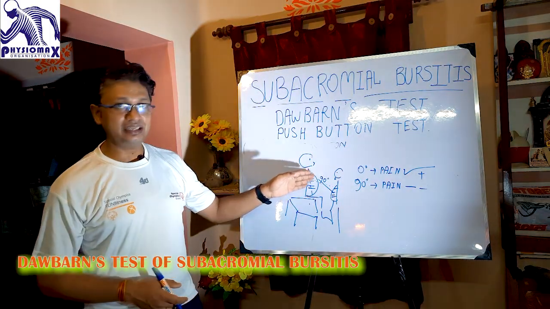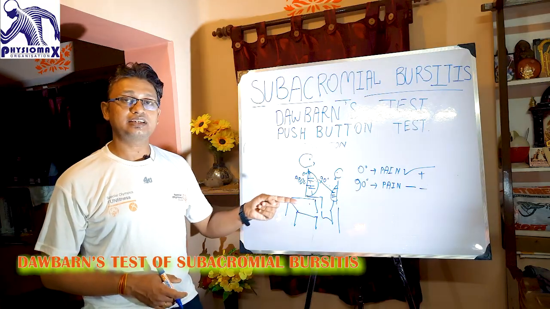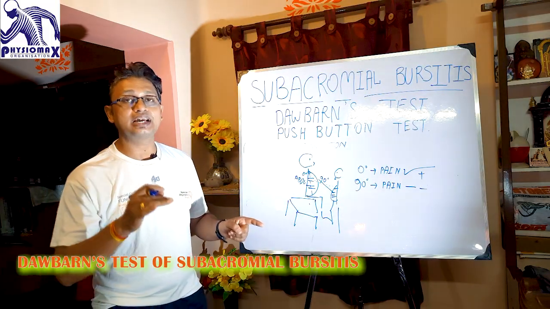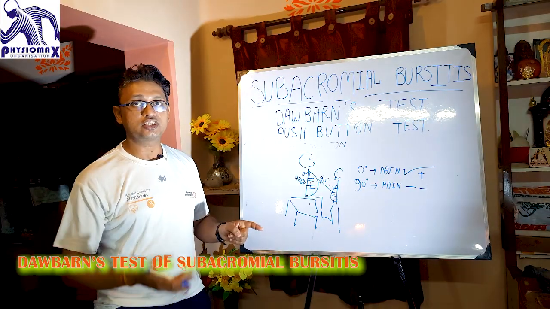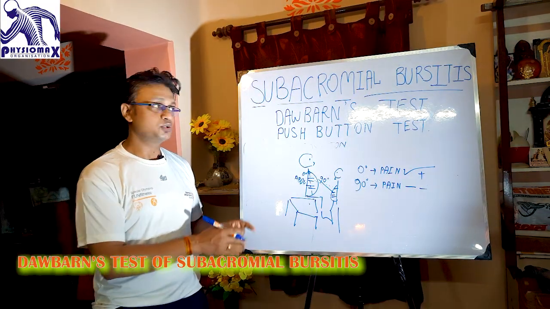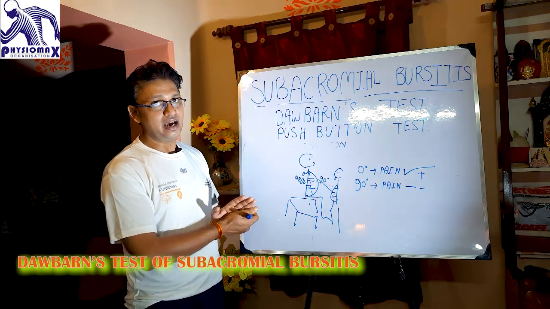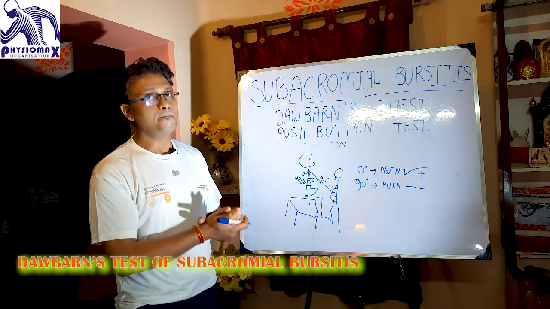If the pain gets elevated, then it can be supraspinatus tendinitis. Again, to rule that out, we do the test for supraspinatus tendinitis. So with this special test we can easily understand subacromial bursitis.